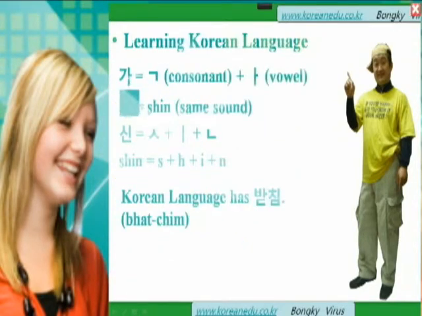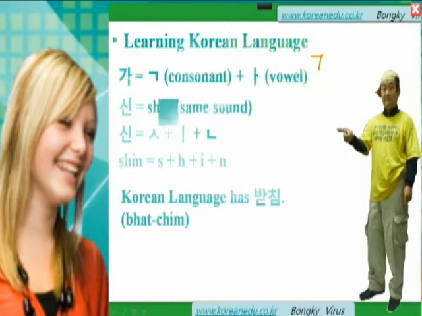Okay, for example, the first consonant, 기역, and the first vowel, 아. These two compound together and make 가. 가. It consists of 기역, consonant, plus 아, vowel. So it makes 가.